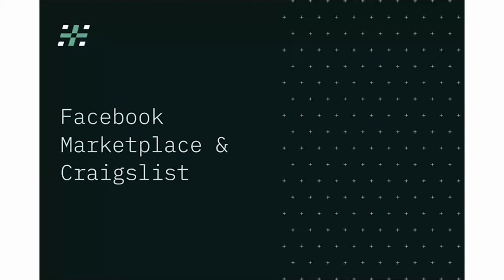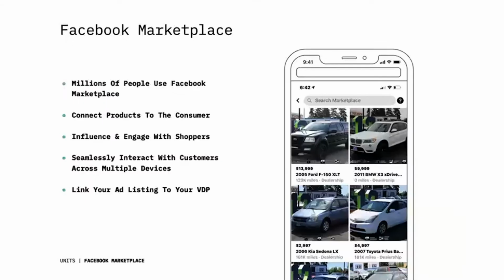Next up is Facebook Marketplace and Craigslist. The Facebook Marketplace system is basically a feed system that we actually push the dealer's inventory directly to Facebook Marketplace. The Facebook Marketplace has become the new place to have your used cars right next to Car Gurus.